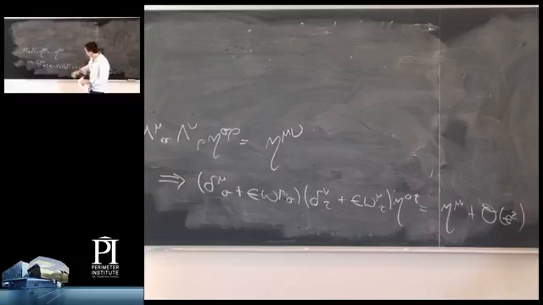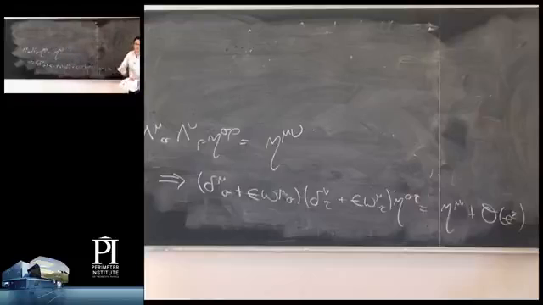So what have we got? We have the deltas, which are just going to give back this, and then there are the terms linear in epsilon, which are going to be the things that are interesting, and there's the term epsilon squared, which we're going to neglect.